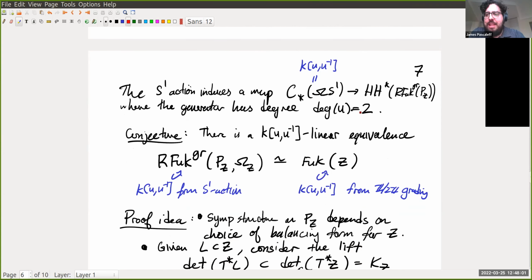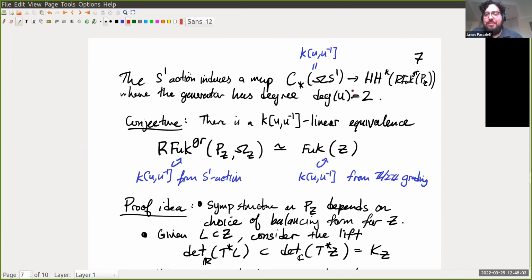So you can think of that as giving you a 2-periodic structure on the Rabinowitz-Fukaya category. Here's this idea, which I was a little bit surprised by. The point is that this Hamiltonian S1 action on the total space of the canonical bundle is giving you a 2-periodic structure on this Rabinowitz-Fukaya category.